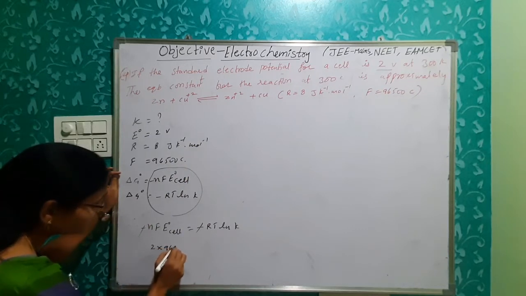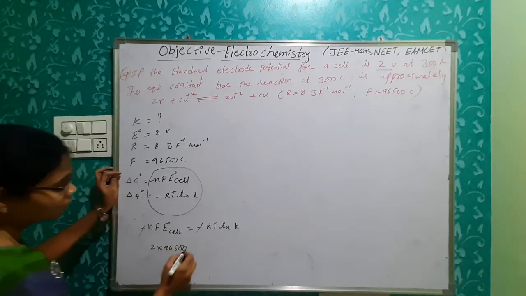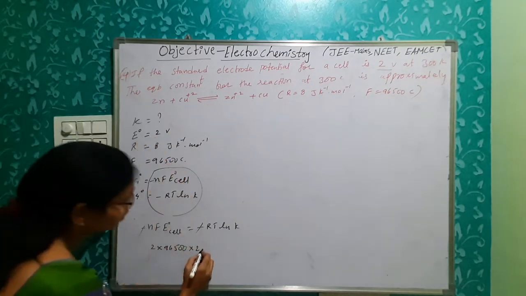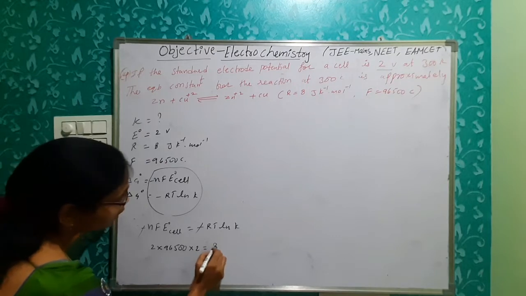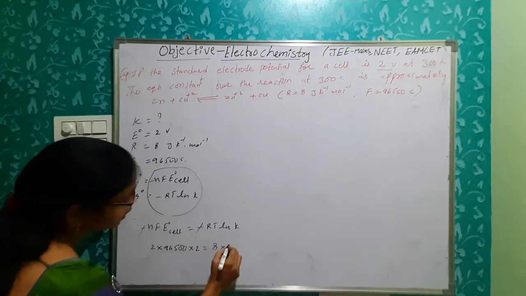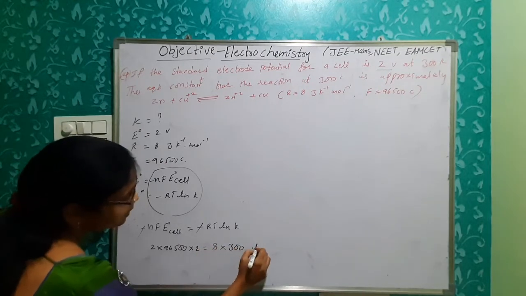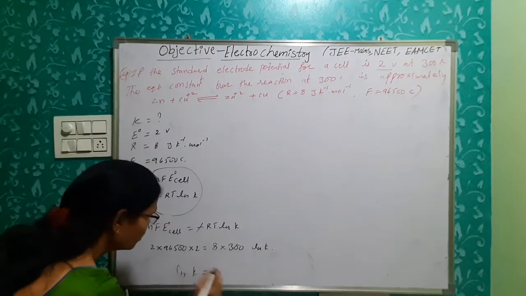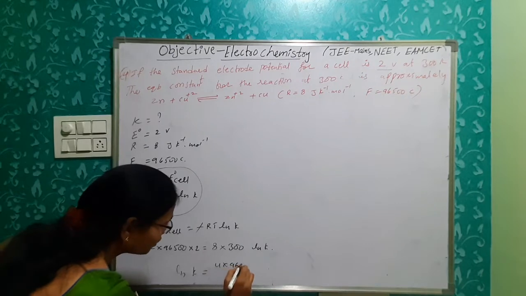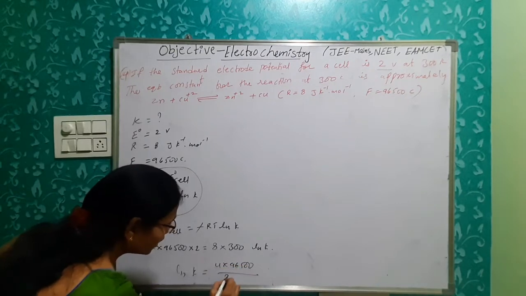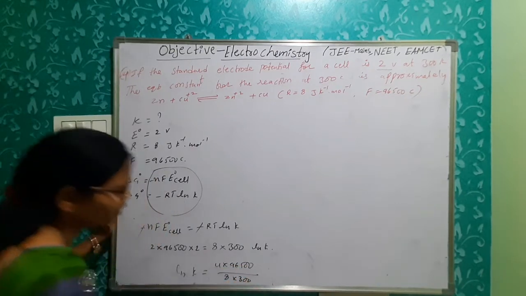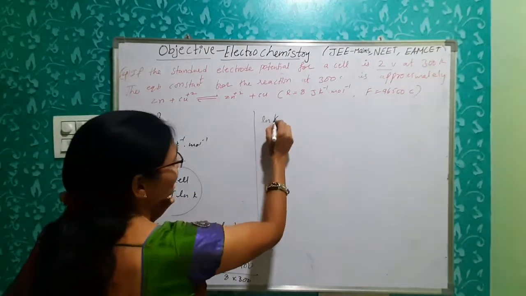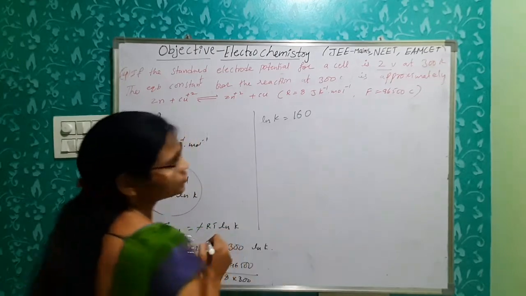Faraday value 96,500. So E naught is 2, equal to R value 8, temperature 300 kelvins, ln K. So ln K is equal to 4 into 96,500 by 8 into 300. By simplifying this, ln K is equal to 160.